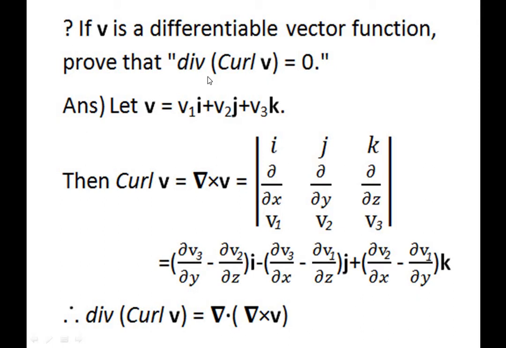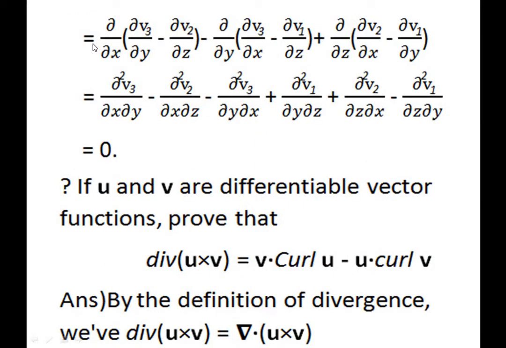Then we want to find the divergence of this curl v. The divergence we represent by del dot. Then divergence of curl v we can write as del dot del cross v. Del cross v is already calculated, then taking the dot product with the gradient vector, we get dou by dou x of dou v3 by dou y minus dou v2 by dou z, where dou by dou x is the component of the gradient vector, and dou v3 by dou y minus dou v2 by dou z is the component of the del cross v.